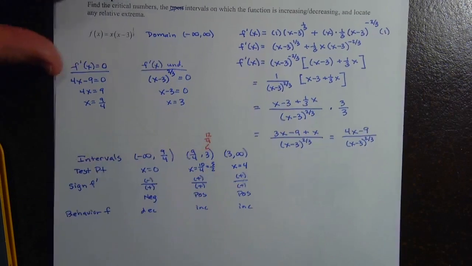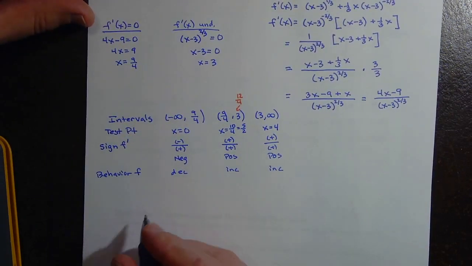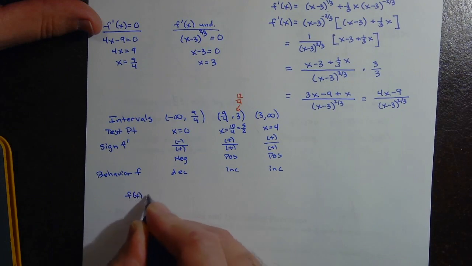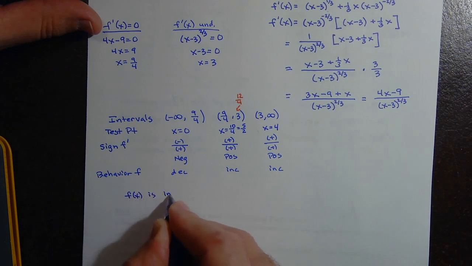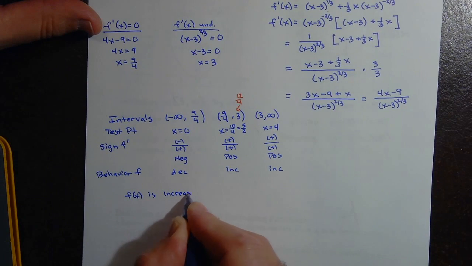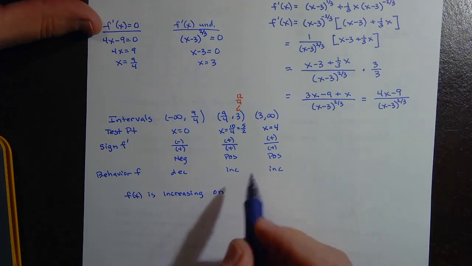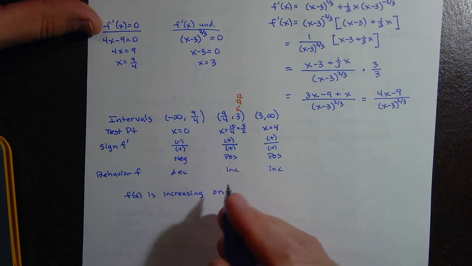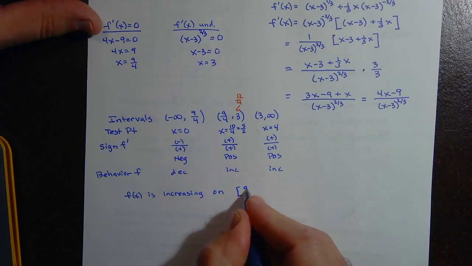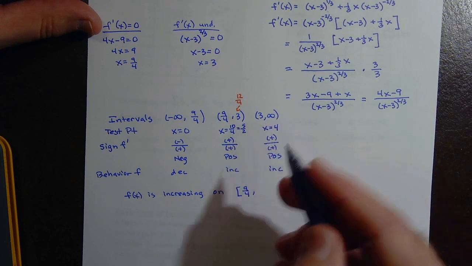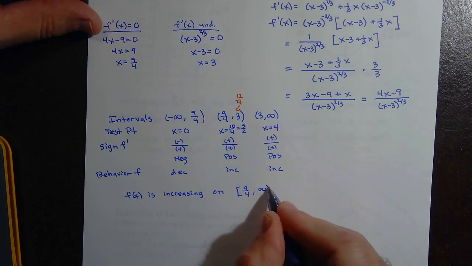So what does that mean? This f of x is increasing on the interval, and we would include 9/4, and we wouldn't have a break at 3, we would go all the way to infinity.